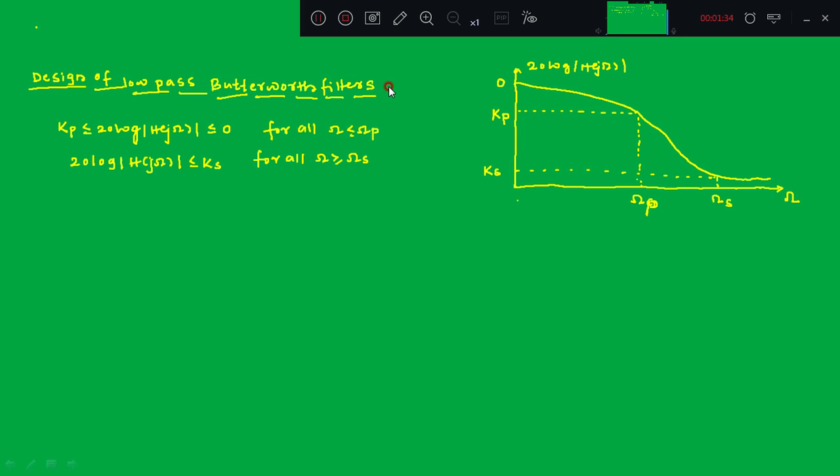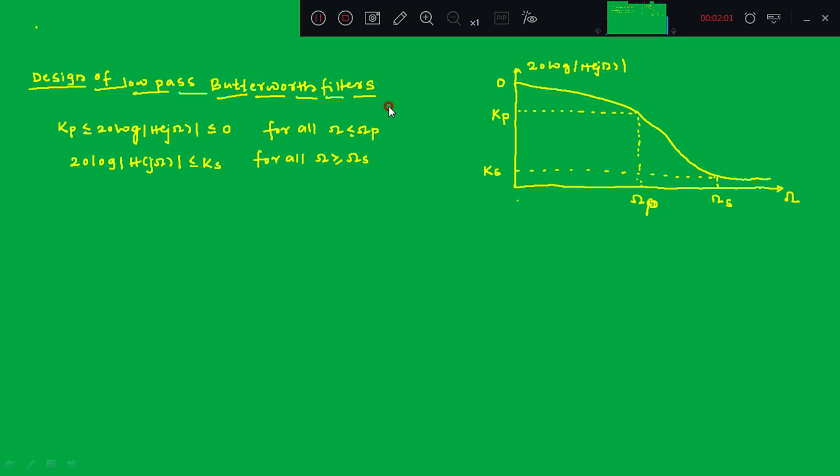And yesterday we saw the magnitude response of the Butterworth filter in terms of its cutoff frequency as well as n. We had a transfer function, that is 1 divided by (1 plus (omega by omega c) raised to 2n) whole raised to 1 divided by 2, that is the square root. So that is the magnitude response.